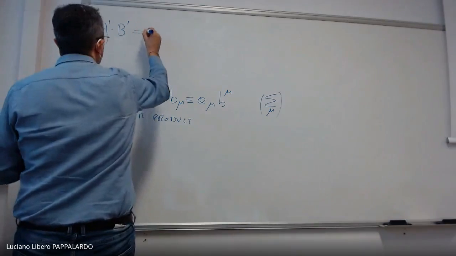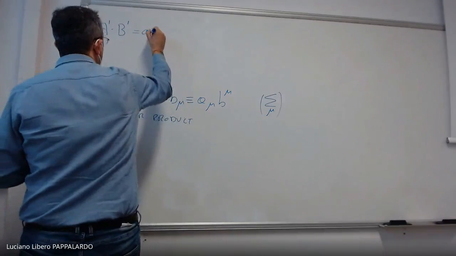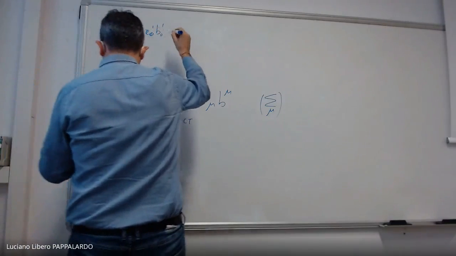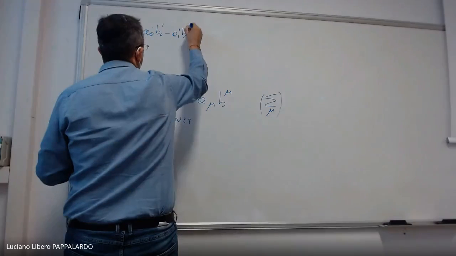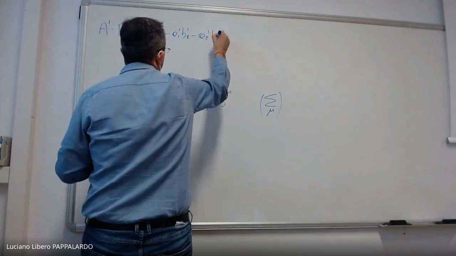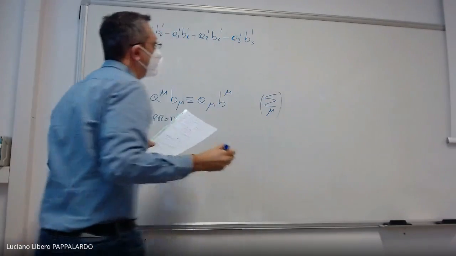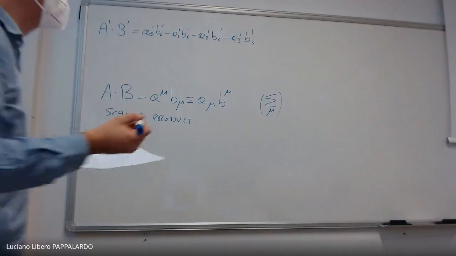So this is, by definition, using the definition here: A0' B0' minus A1' B1' minus A2' B2' minus A3' B3'. Now we apply the Lorentz transformation because we want to relate these to the components of the same object but in the other reference frame.